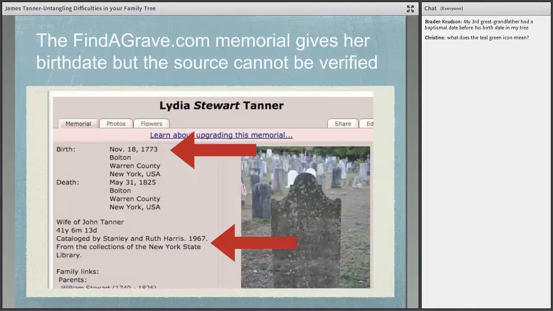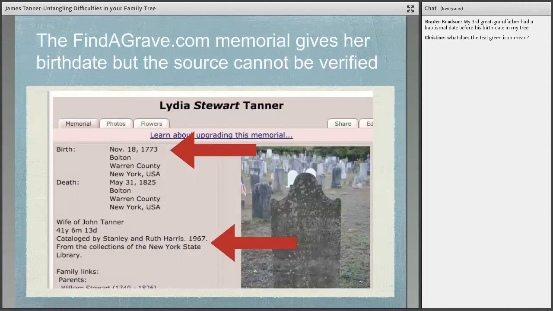Now this one gives us another source, that the wife of John Tanner died at 41 years, 6 months, 13 days, and it's cataloged by the Stanley and Ruth Harris collection of the New York State Library. So there is a source for some of the information, particularly the death information, and a way to calculate the birth information.